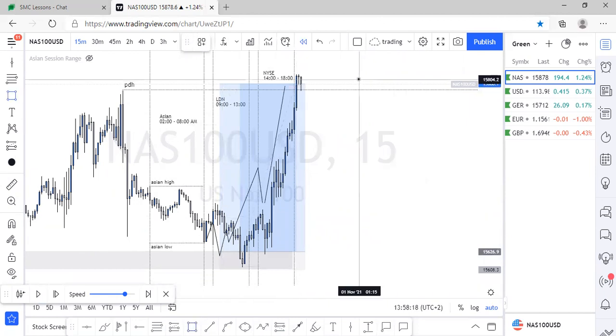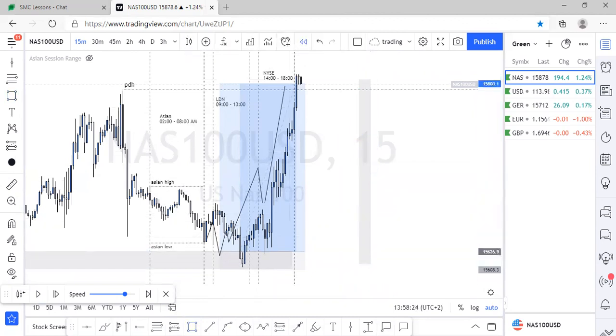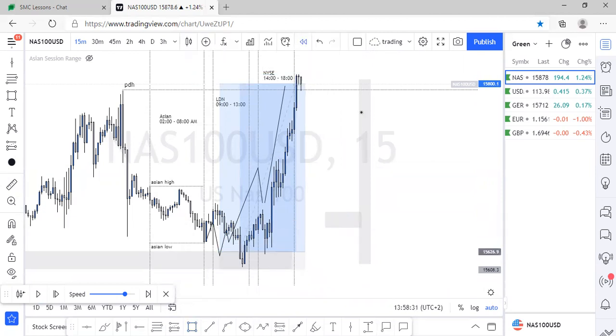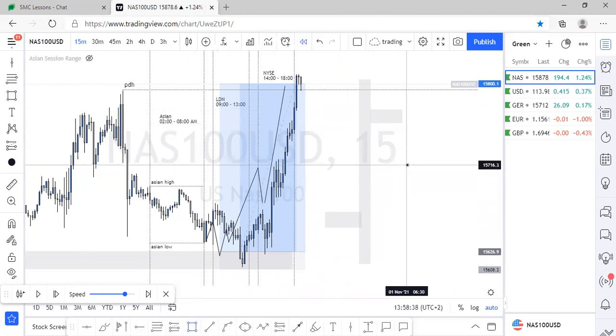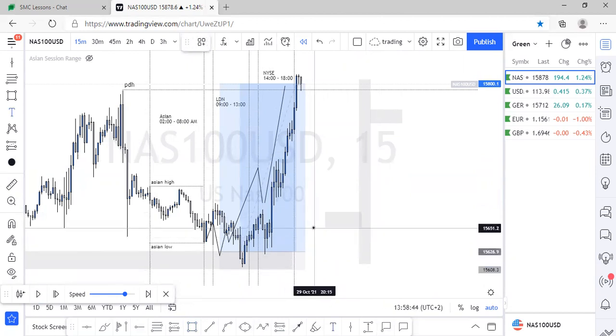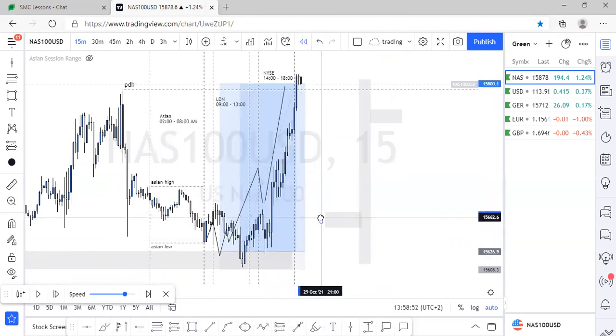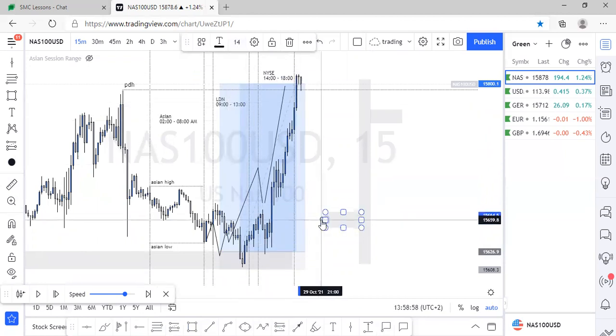From my experience, I think this is what happens. We have OLHC. O for open.